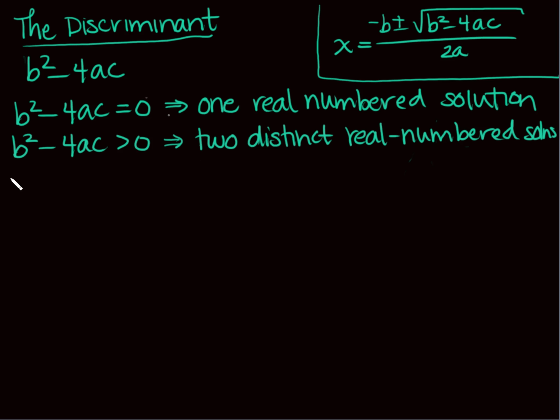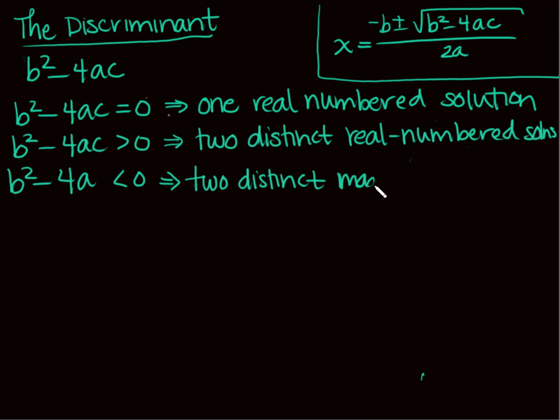And then the last one: this could be negative. So what if this was less than 0? Then we're going to have two distinct, two different, imaginary number solutions, because there's going to be an i involved.